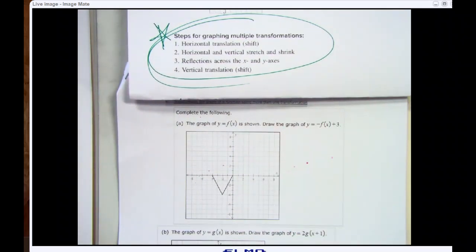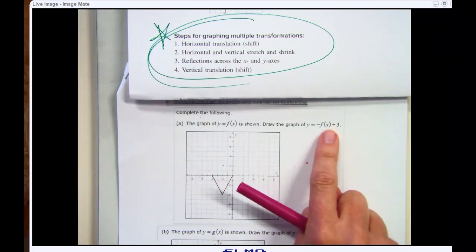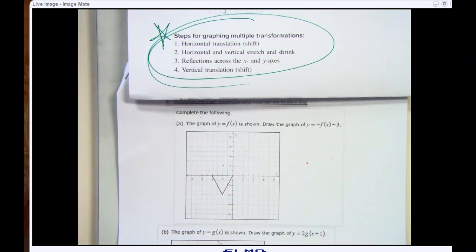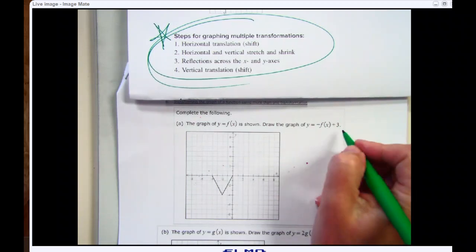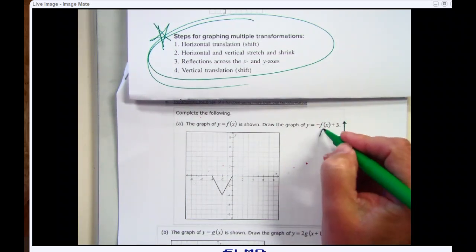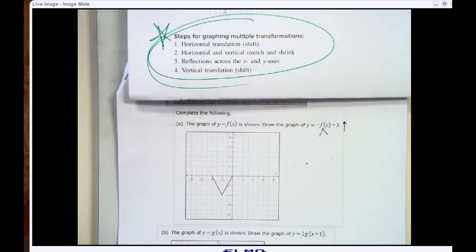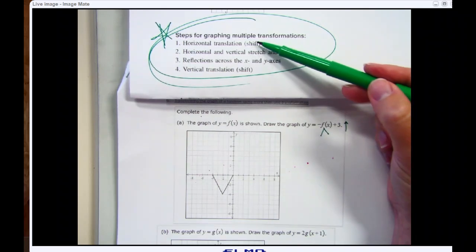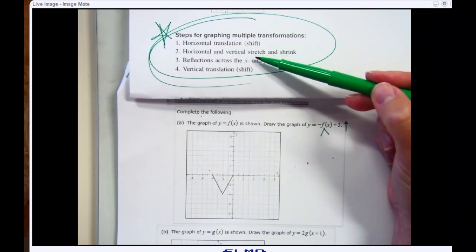So they're going to give us some random function, and they say, okay, do all of these operations. Now, you guys know that this moves up, and then what does this do? It's going to flip it upside down, right? Now, which one of those do you do first? Which one?